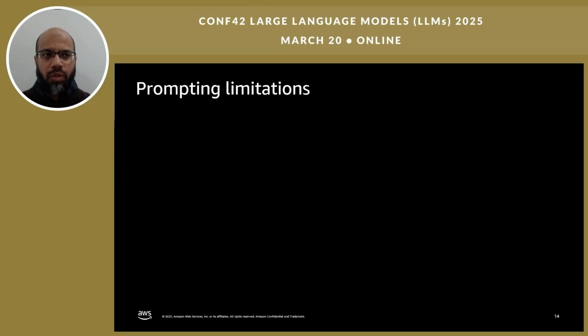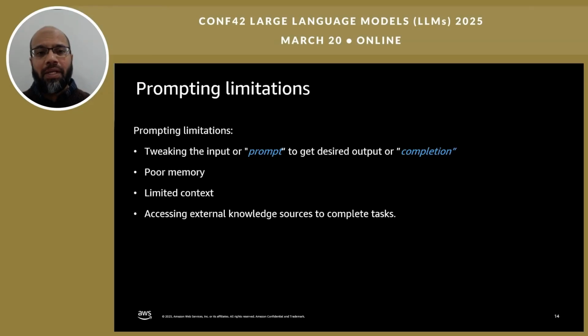In principle, you would think that in the current context of the well-architected framework, you could create a series of prompts from the framework questions and sequence them through an LLM to solve the problem. That sounds straightforward. However, there are limitations with prompting. They have a poor memory, work with very limited context, and rely on accessing external knowledge sources to complete their task.